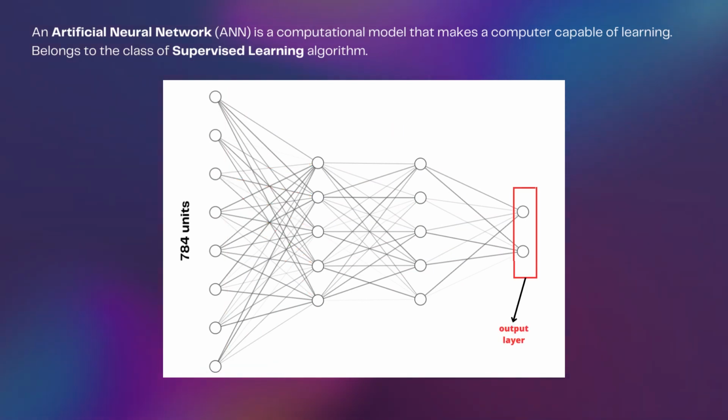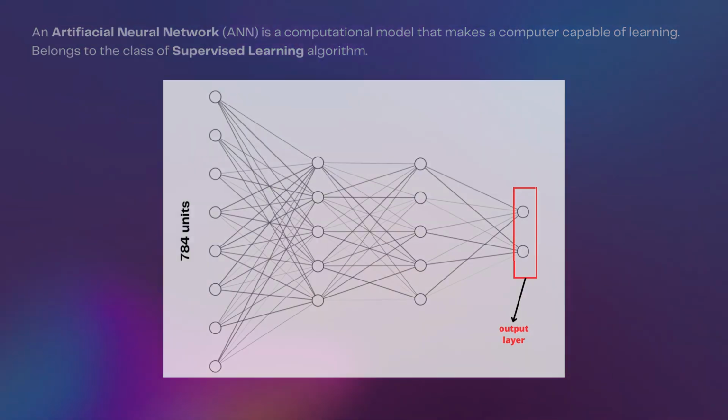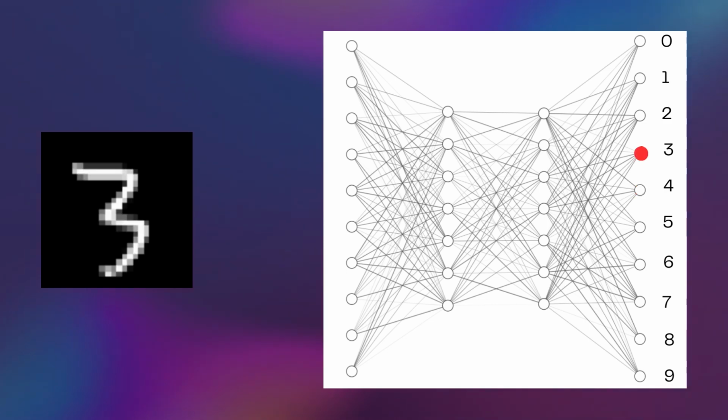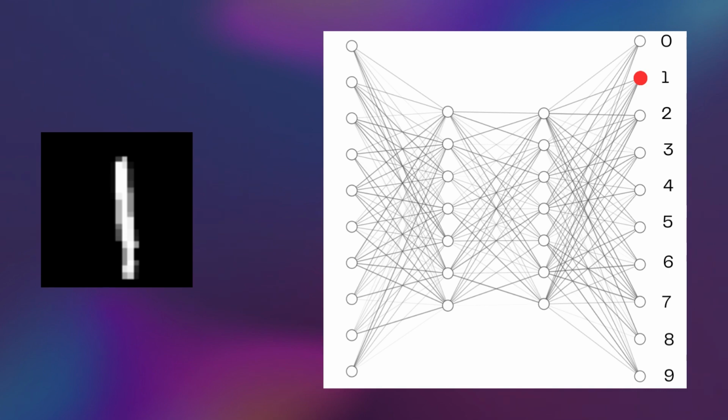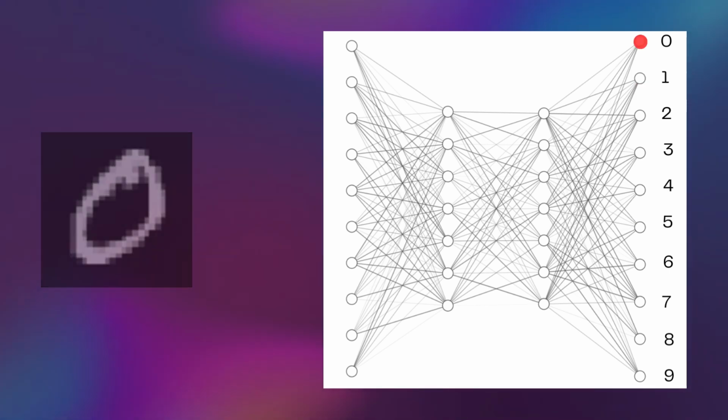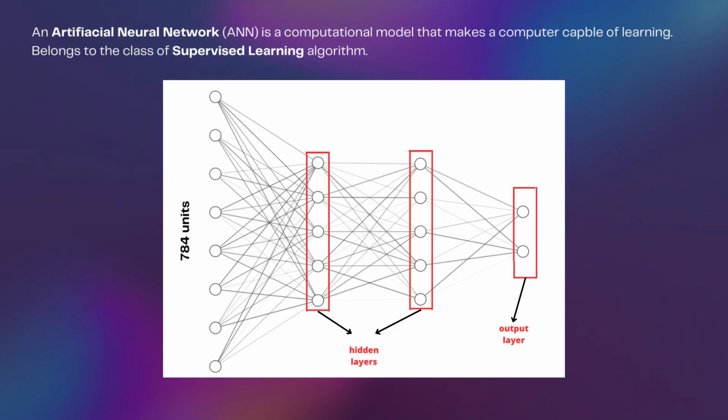The last layer is called the output layer, and as before, the number of units depends on the problem. If we consider the same example, that of digit recognition, there are 10 possible classes, therefore there are 10 units in the last layer. The layers in between are called hidden layers, and they will always have the same number of units.